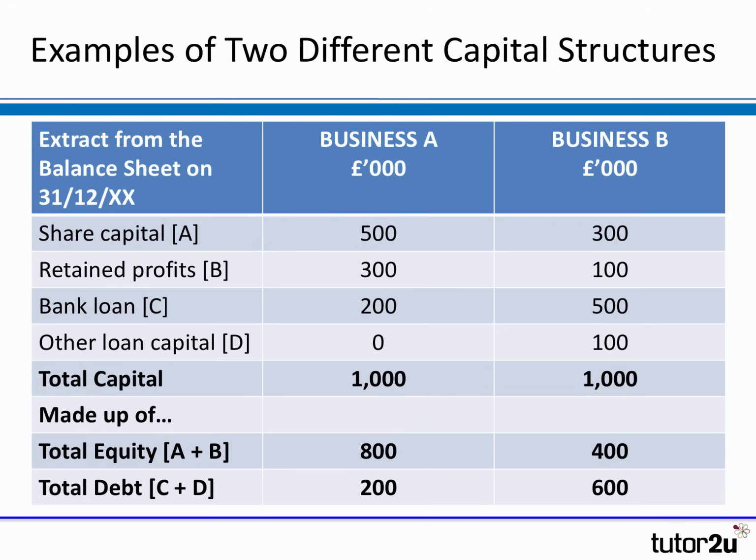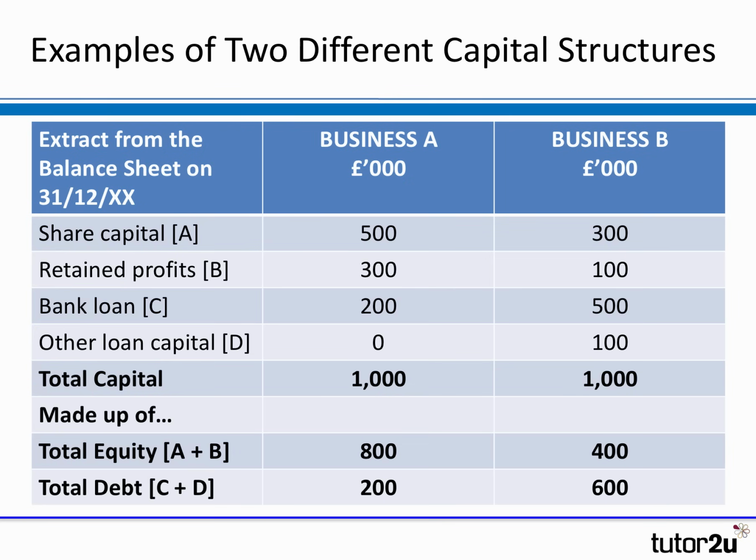The share capital and retained profits together are £400,000. That's 300 plus 100. However, it's got a much larger level of debt as a proportion of its capital. It has a bank loan of £500,000 and also some other loan capital, which I've marked D, of 100. So if you add those two together, the total debt in business B is £600,000.